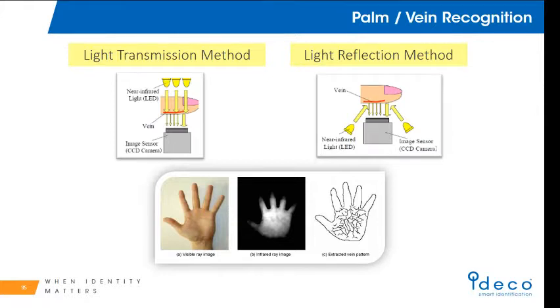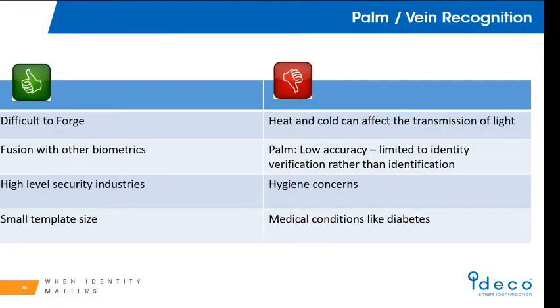If you look at the benefits and the negatives, it's difficult to forge. You're looking at the vascular structure within the hand. You can combine it easily with other biometrics. So, for example, if you're doing the fingerprint and you want the vascular structure in the finger as well, it's easy to do it quickly together. And again, Otimorpho have a range of products that do that.